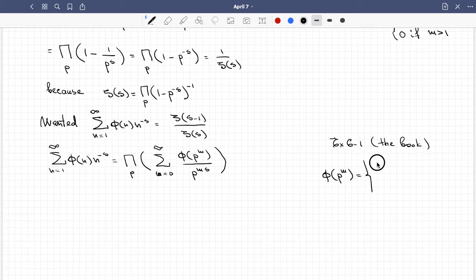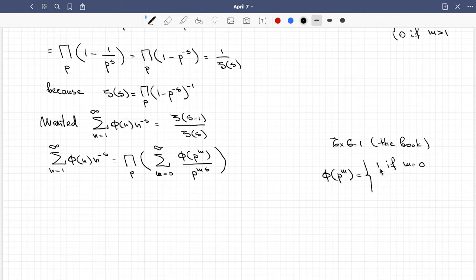This is 1 if m is 0. Phi of 1 is 1. If m is bigger than 1, that is what was calculated in this example.